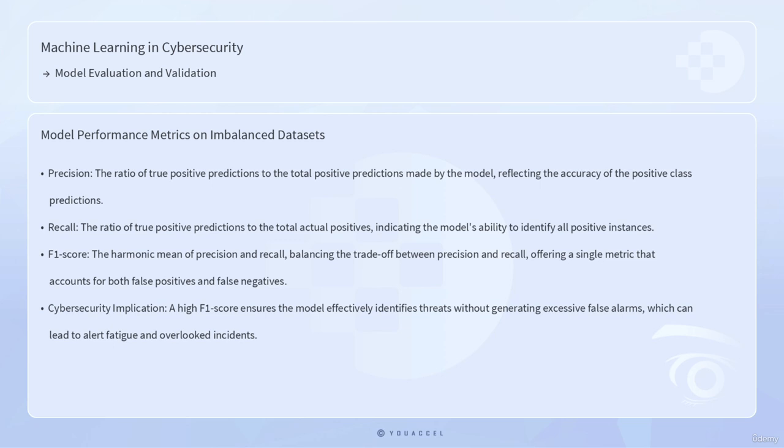The F1 score, the harmonic mean of precision and recall, balances the trade-off between precision and recall, offering a single metric that accounts for both false positives and false negatives. In cybersecurity, a high F1 score is crucial, as it ensures that the model effectively identifies threats without generating excessive false alarms, which can lead to alert fatigue and overlooked incidents.